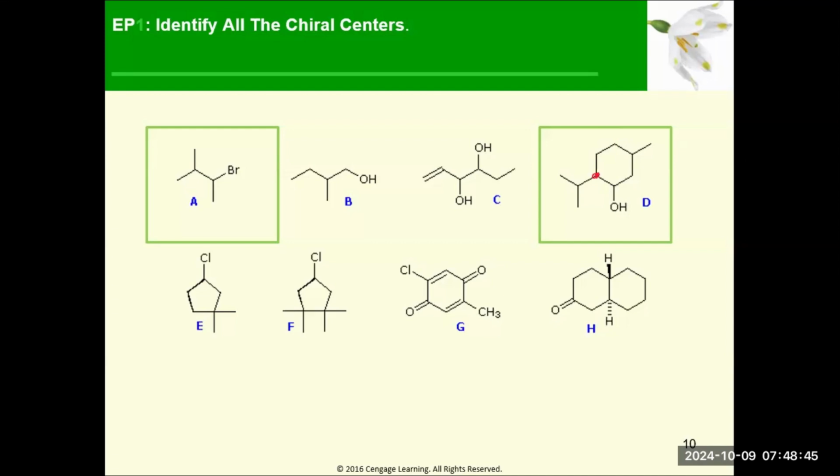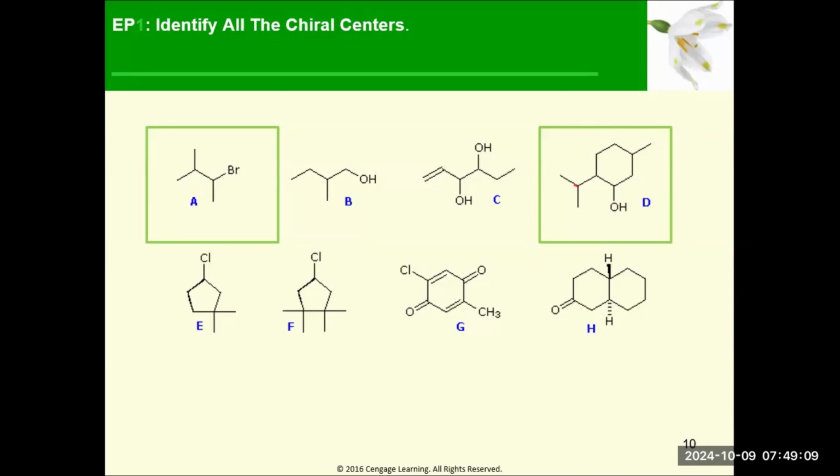Now, if we go here, we do have an isopropyl group. We have a hydrogen that's understood. And if you go around the ring, again, there is no line of symmetry because this OH group is not here. Therefore, indeed, this also is chiral. Now we have a last CH group here.